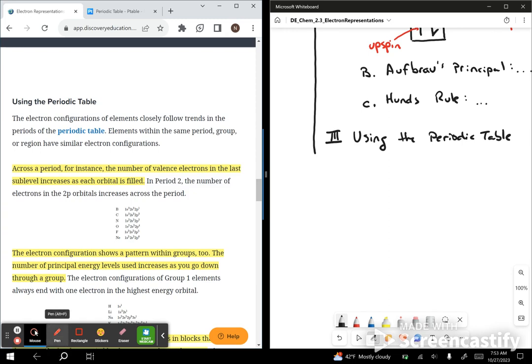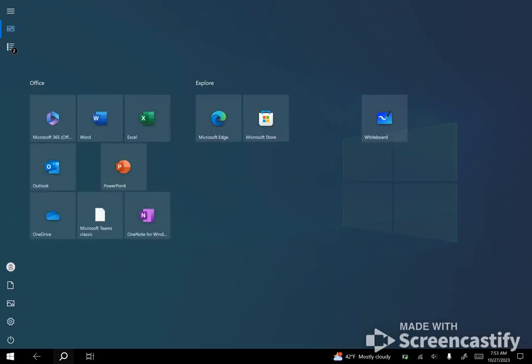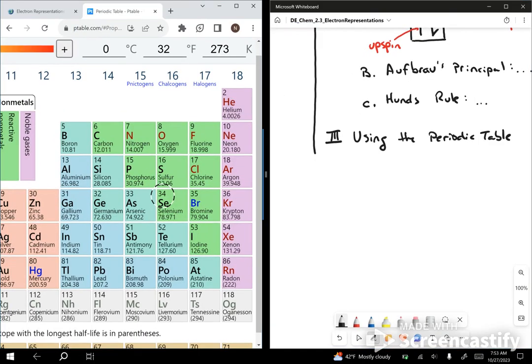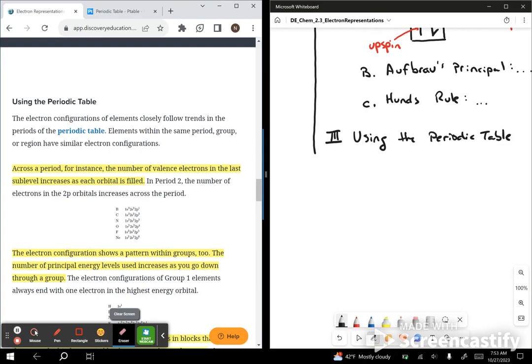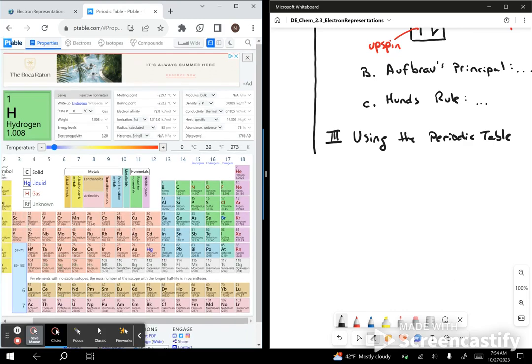Mouse, pointer, pen. Oh, here we go. I'll just go to eraser. Maybe that'll work. Yeah, that'll work. Sorry about that. What just happened here? Okay, so go here. There we go. All right.